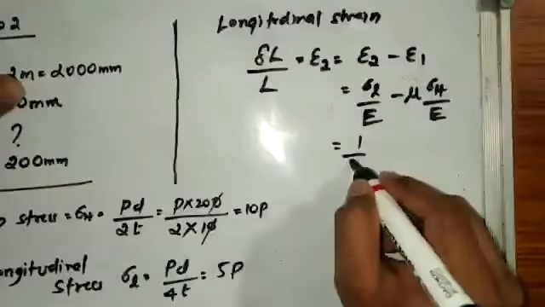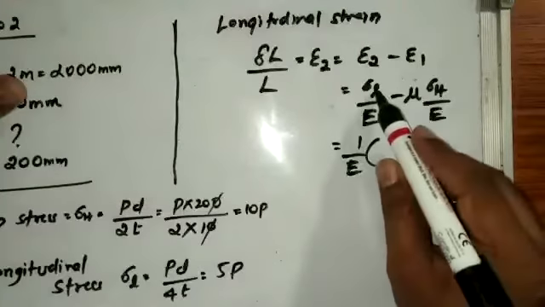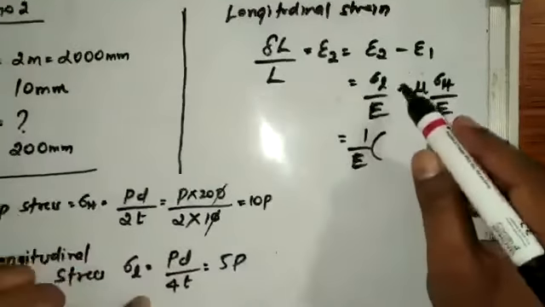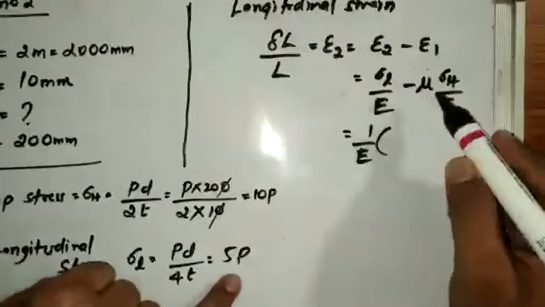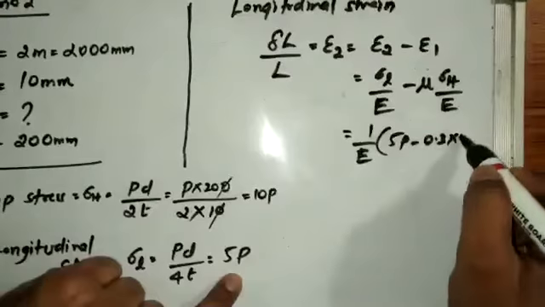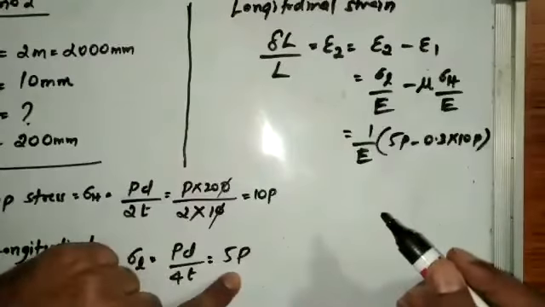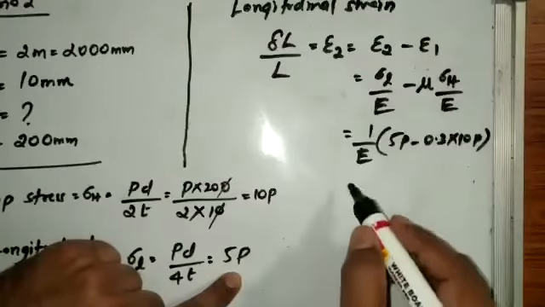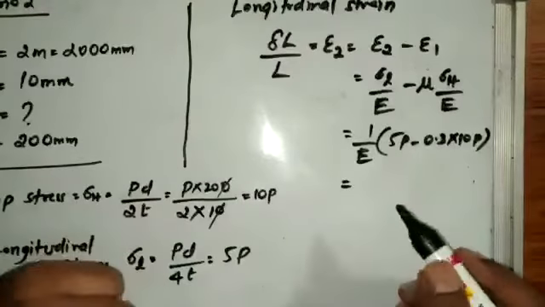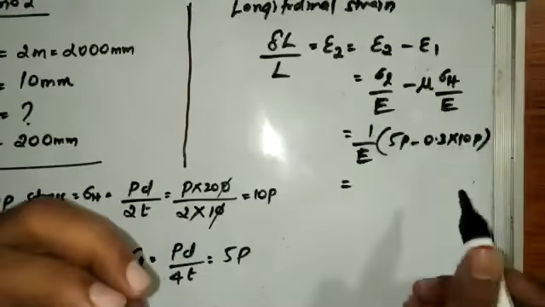So 1 upon E again. So sigma L is here 5p minus 0.3 into 10p. So what is the value? 5 minus 0.3 into 10.